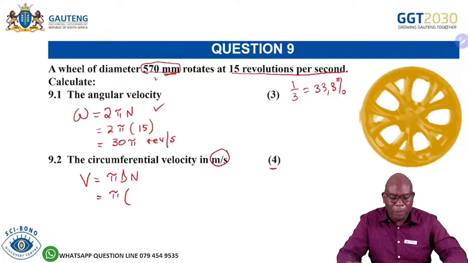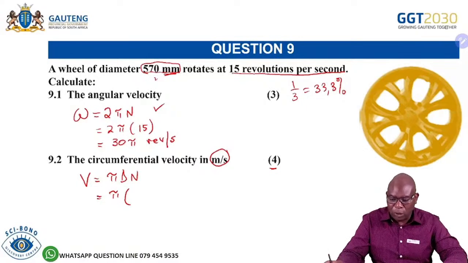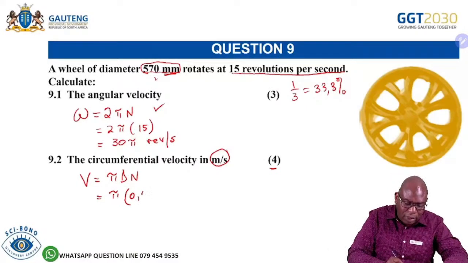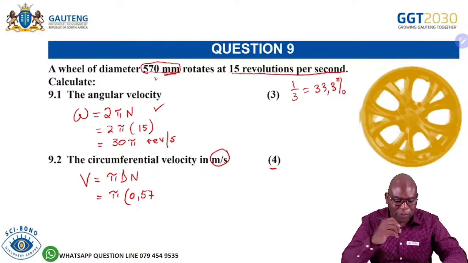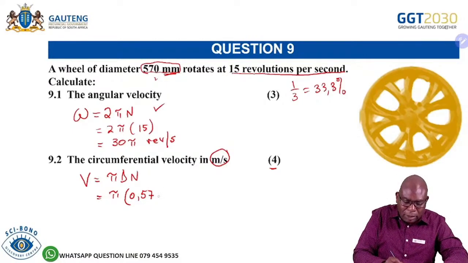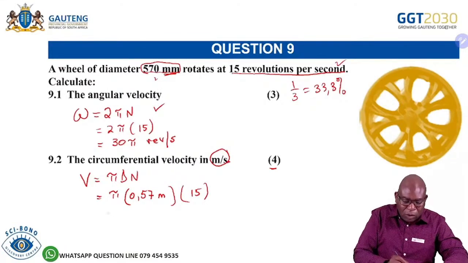But here I'm going to divide by 1,000. Remember, I've got millimeters, centimeters, decimeters, and meters. So it's 1,000, and this is in meters now. Then my revolutions is 15 revs per second, which is fine because I've got per second here. So the answer is going to give us 8.55 pi.